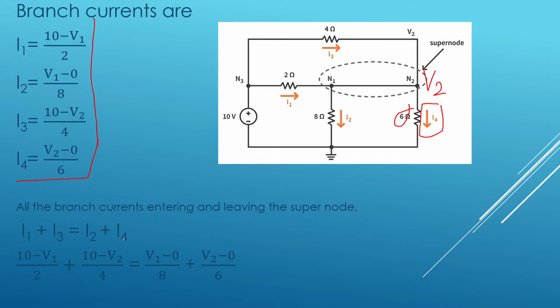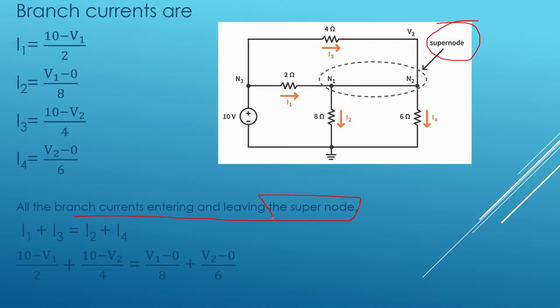I have simply written the equations before applying Kirchhoff's current law. Now let us consider this super node and apply KCL or nodal analysis at it. If you observe carefully, the I3 current is entering, the I1 current is also entering, I2 is leaving and I4 is leaving.